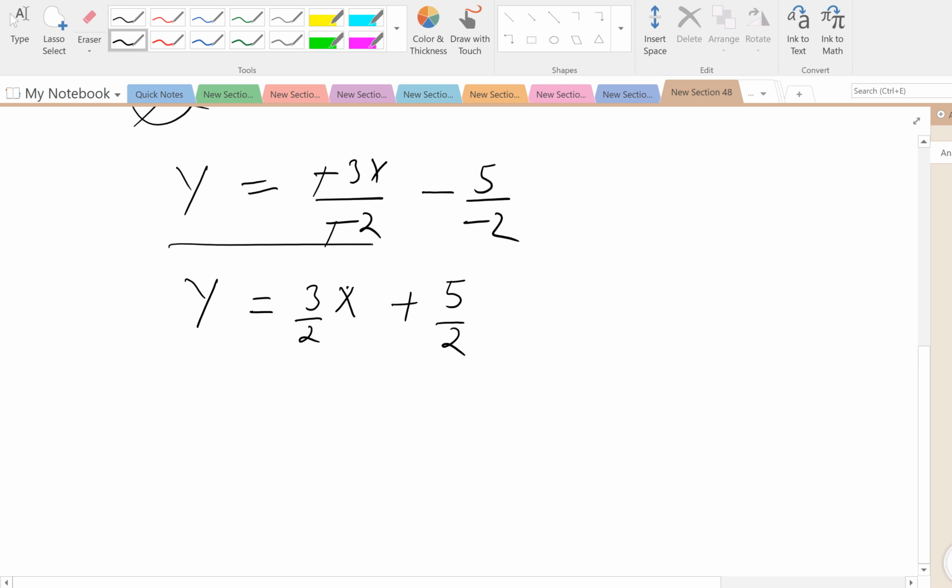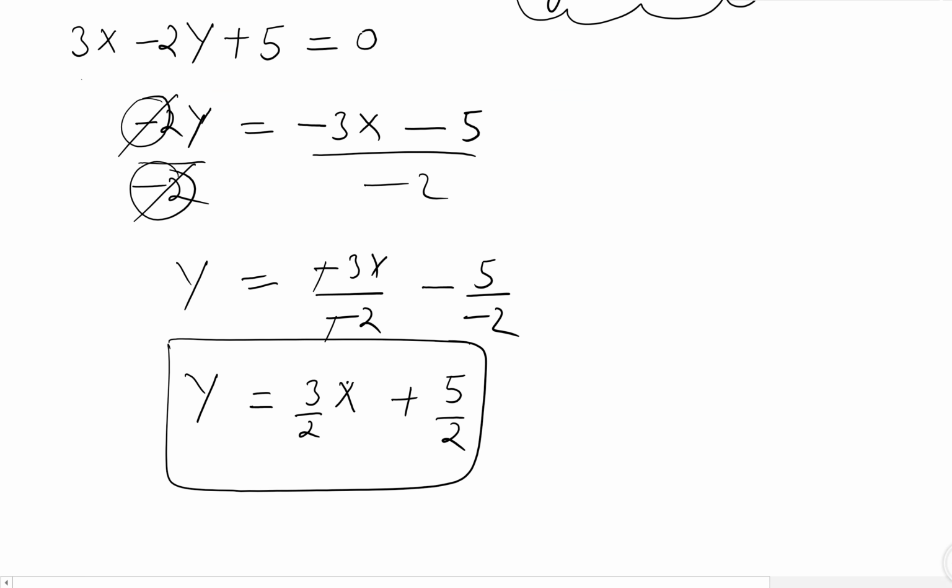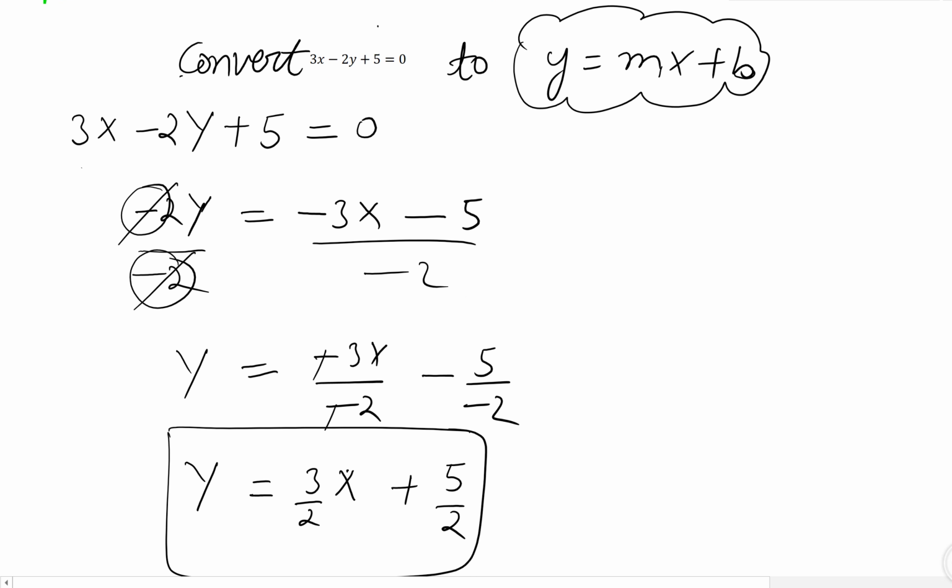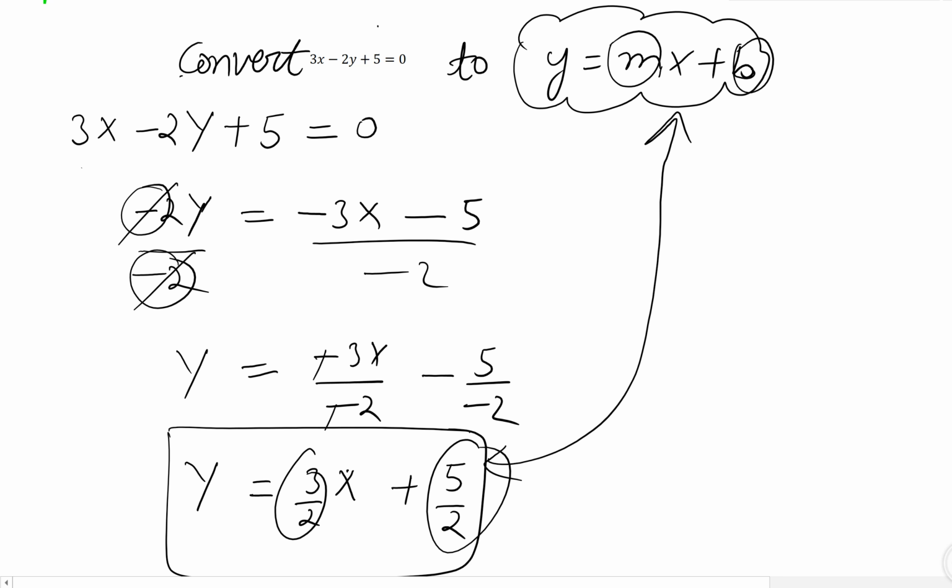Now if you compare this equation with whatever we wrote here, they look alike. They are exactly in the same form. So therefore my m is that, and my b is this value. Good?